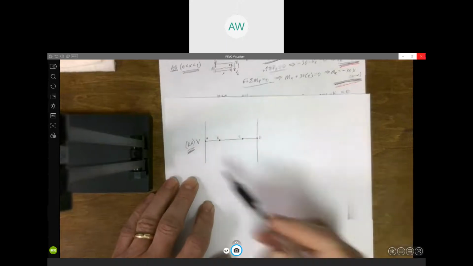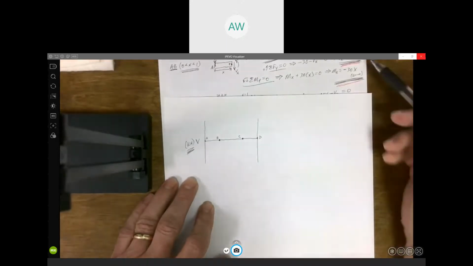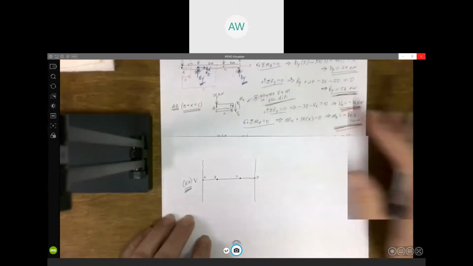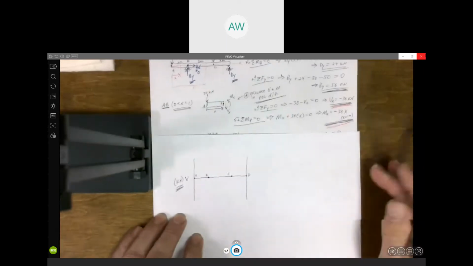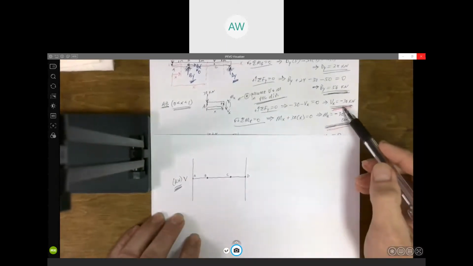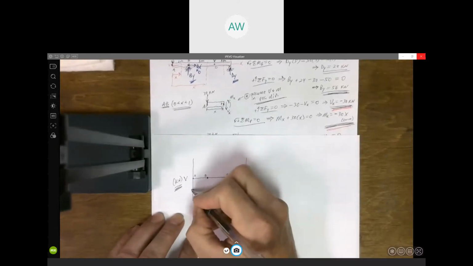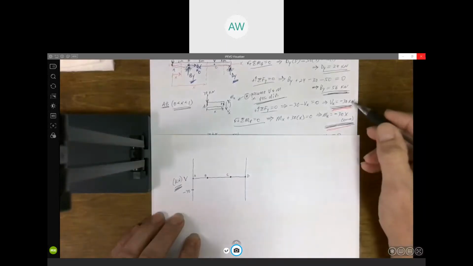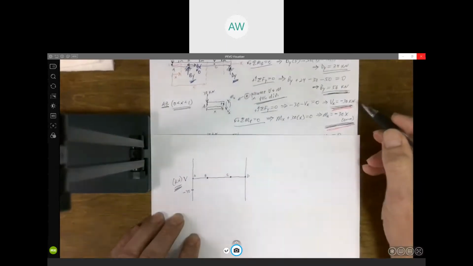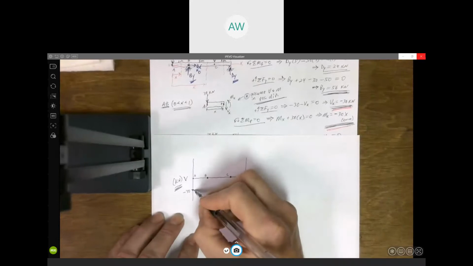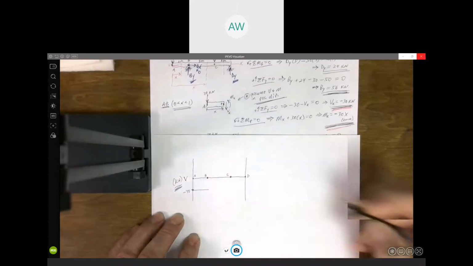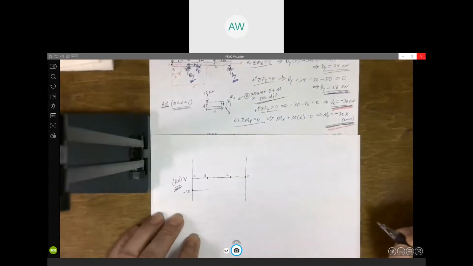All right, so between A and B, going back to the previous work, our shear force was minus 30 kilonewtons. So we're going to start down here at minus 30. And notice it's constant. It does not change between A and B. It doesn't go up, it doesn't go down.